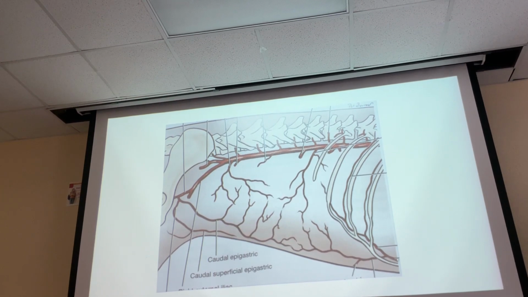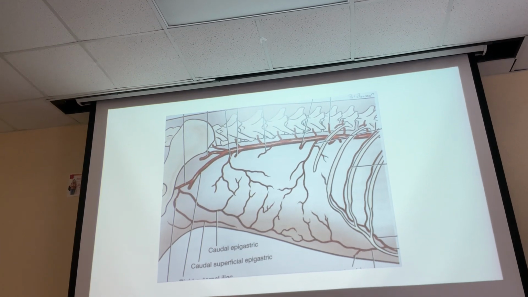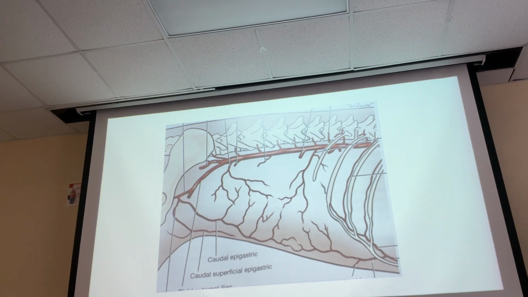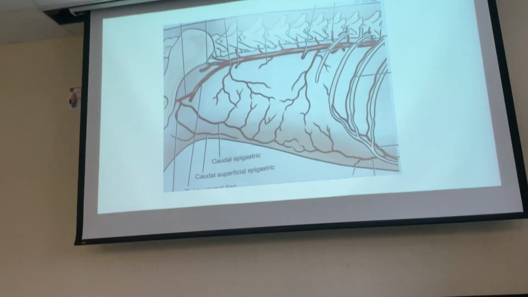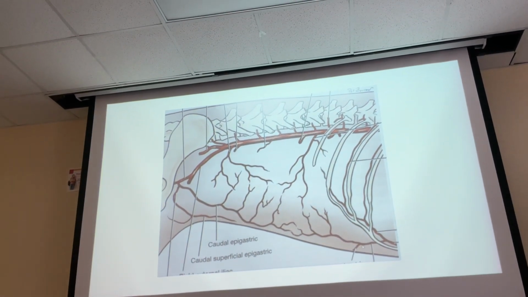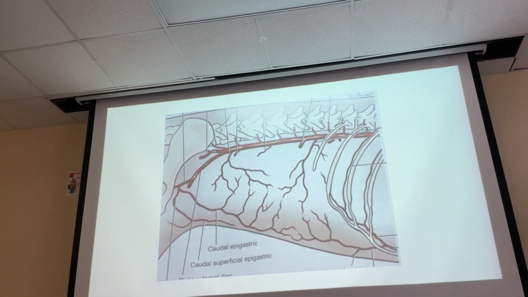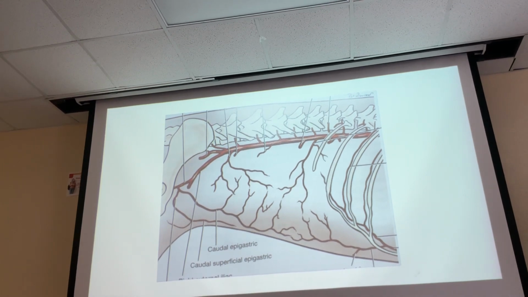This is the internal thoracic, right? The internal thoracic will give this branch, which is the cranial epigastric. The cranial epigastric will go through the rectus abdominis muscle to run as the cranial superficial epigastric. Internal thoracic artery.